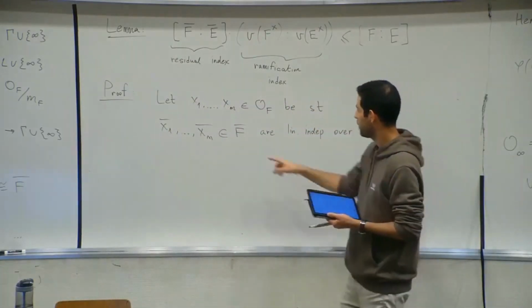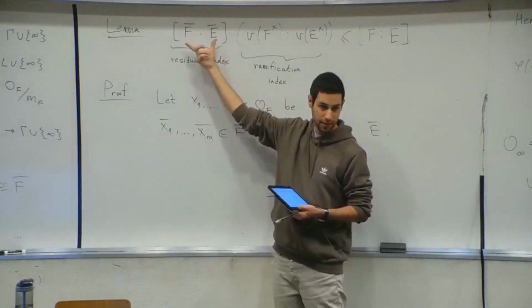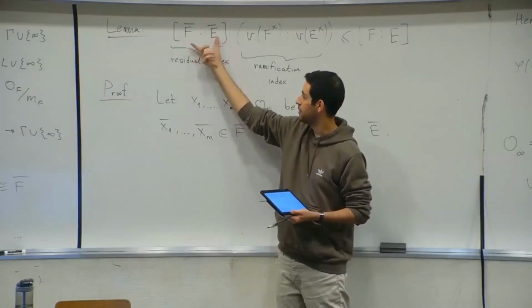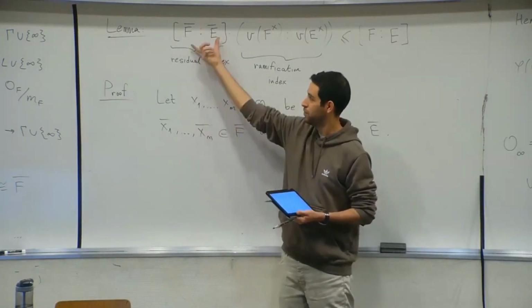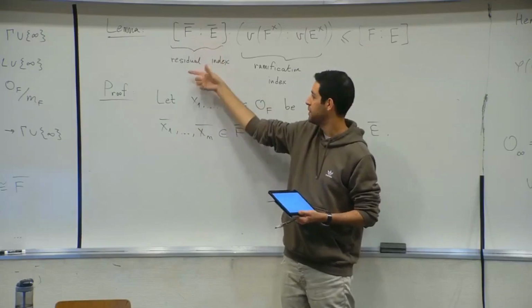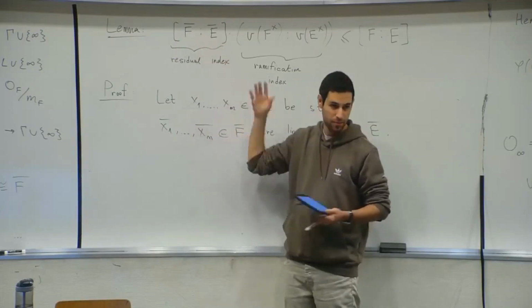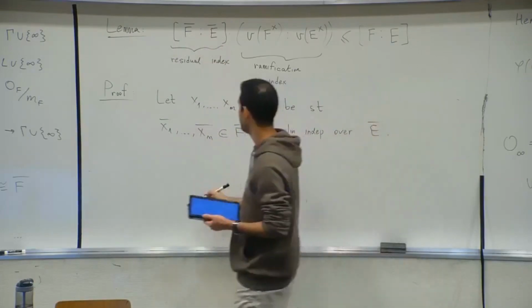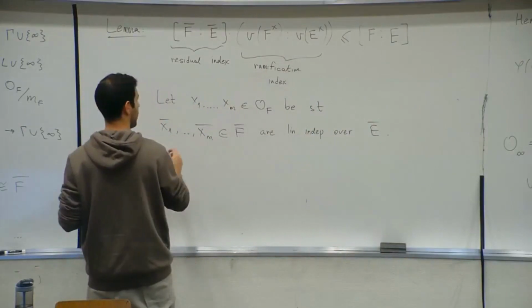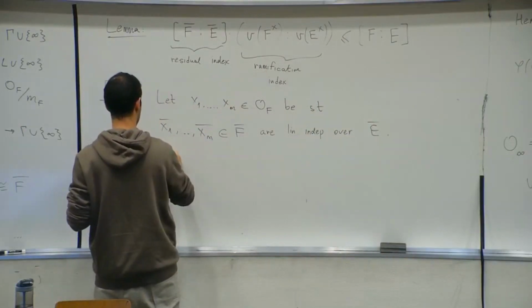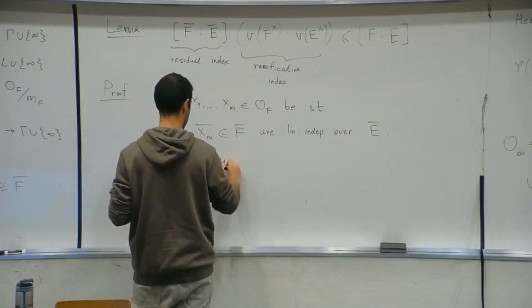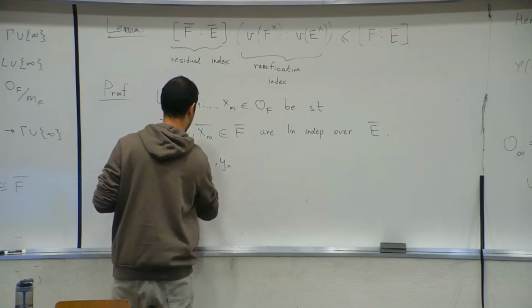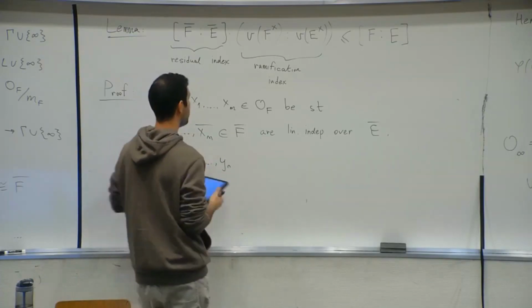So m can be as large as this index. If it's finite, take m to be exactly this, and if it's infinite, we can take m as large as we want. And now let y1 to yn. What is this index?